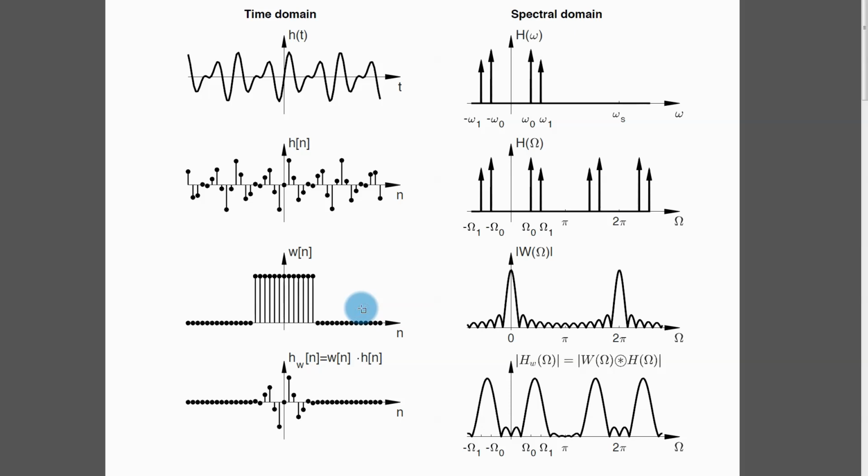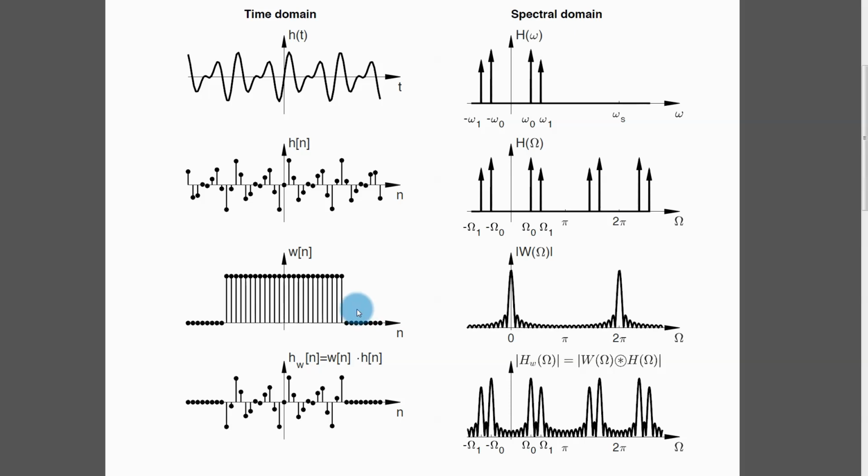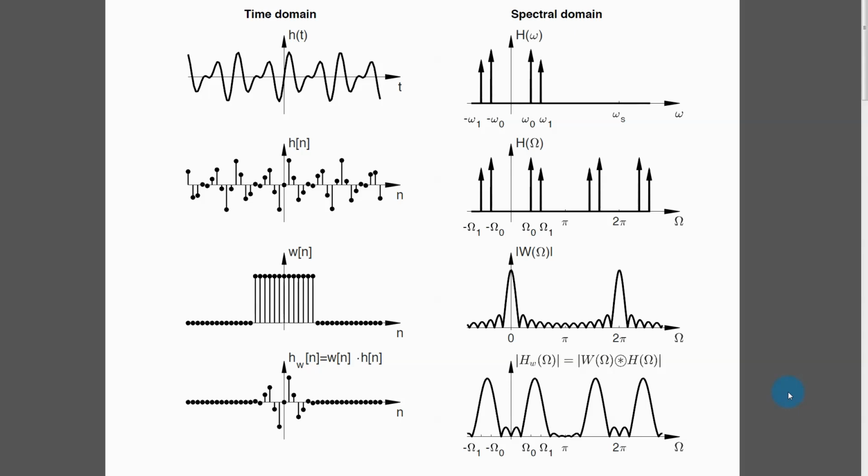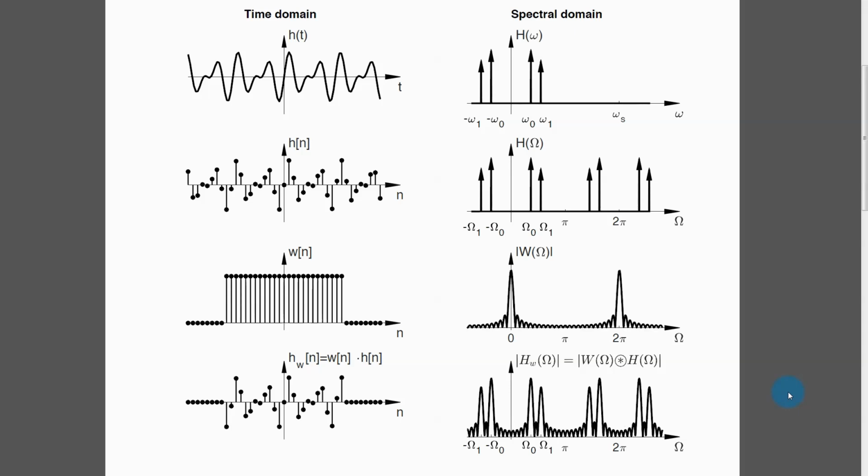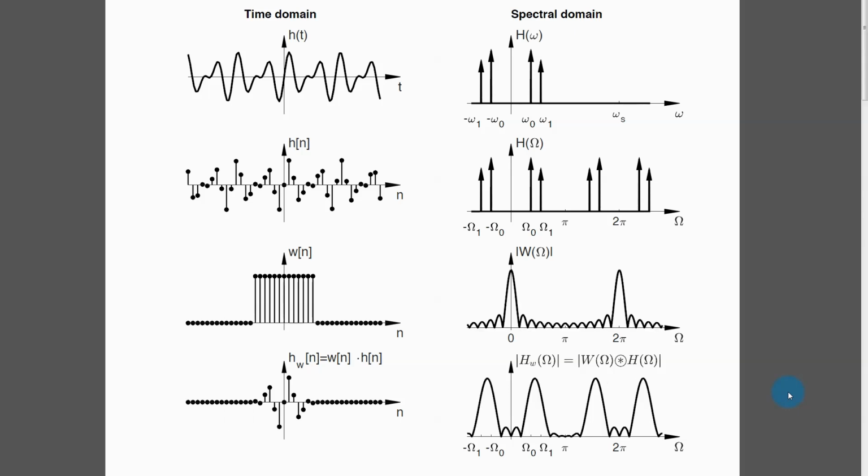If I make this window wider, which essentially means that I record a longer signal, this peak will become narrower, and presto, now I can distinguish my sines at different frequencies. Now I will switch back and forth so that you can see how the spectrum changes when I use shorter or longer signal. You can see that the longer signal gives me better frequency resolution.